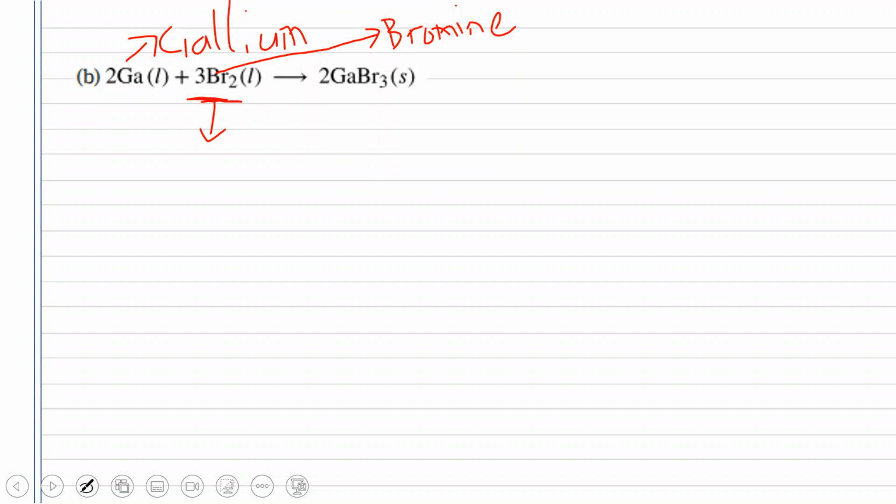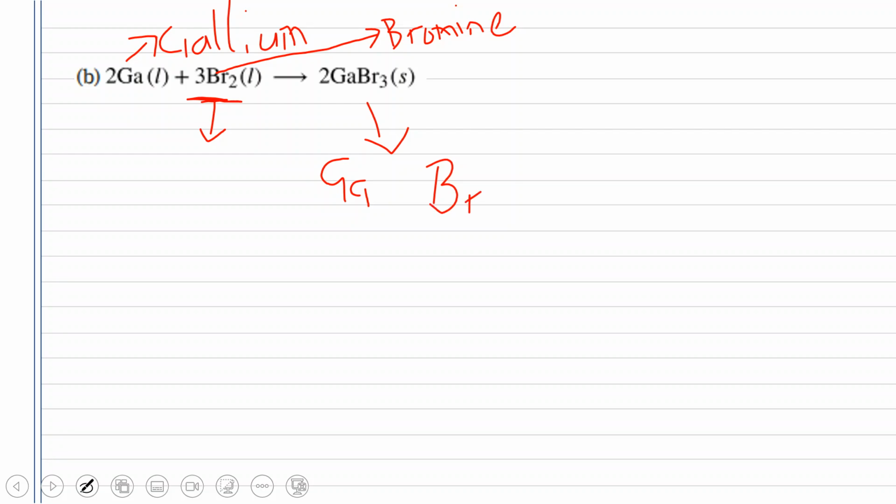Now, when you look at bromine on this side, bromine has combined with the element gallium. The only way bromine was able to combine with gallium is that bromine has to exist as an ion. And so we have gallium and we have bromine.